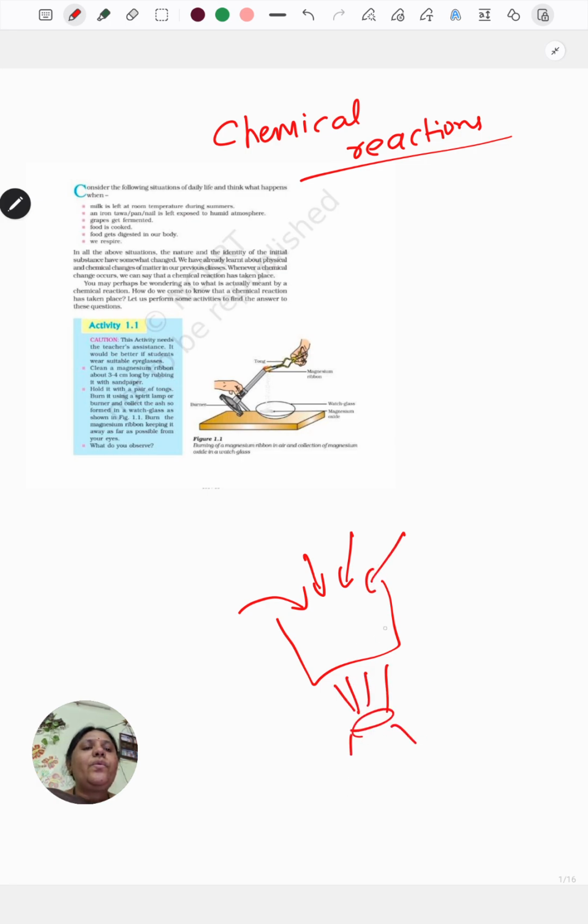Some chemical reaction is going to happen and it is converted into prepared food that is ready to be eaten. Raw ingredients we cannot eat, so we add different ingredients and prepare very delicious food. This is also another example of a chemical reaction.